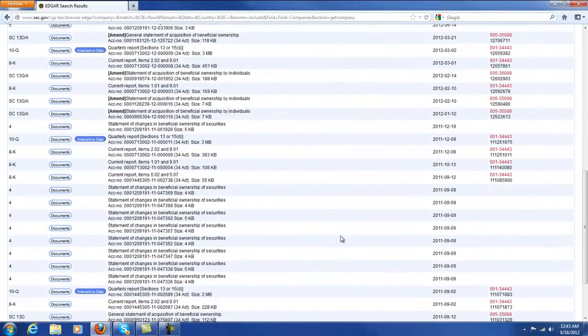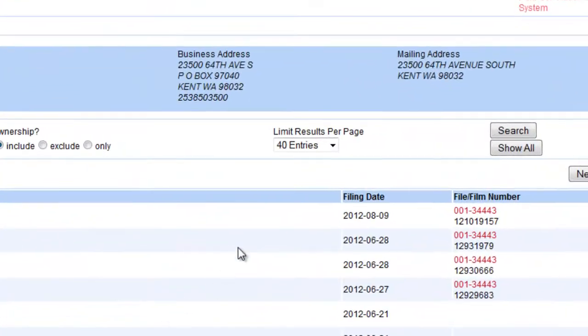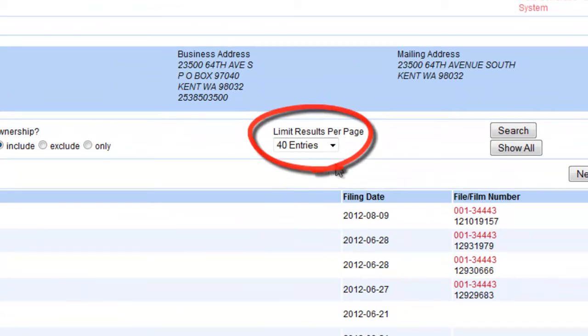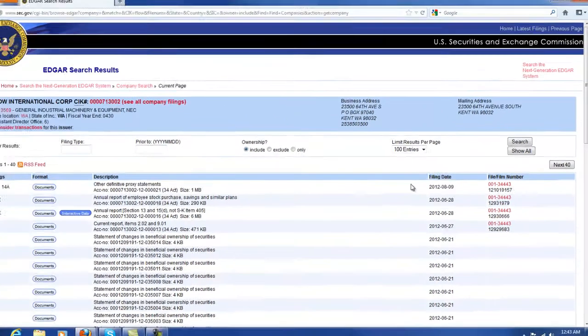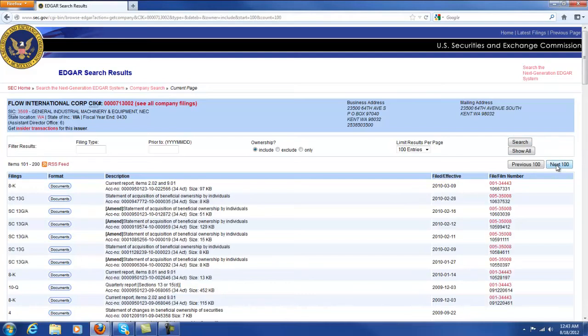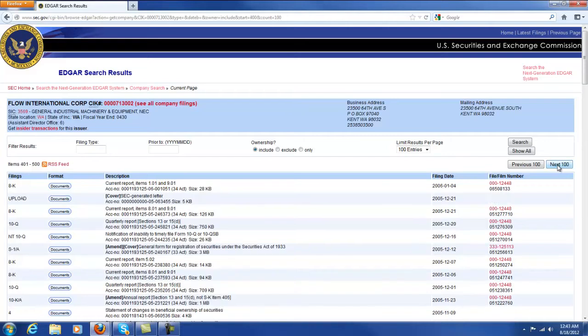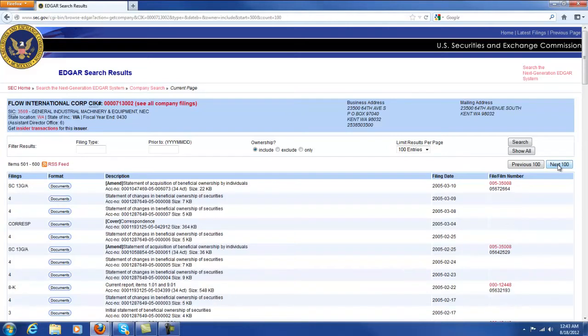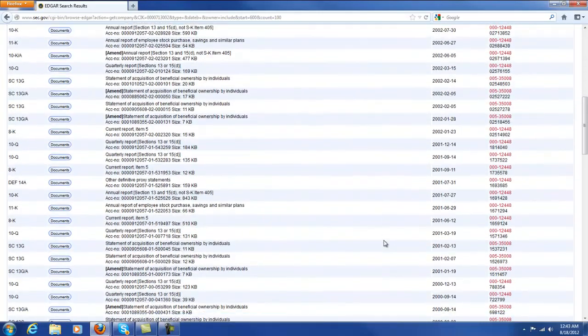Now, all these forms that are listed here, as a default, there are 40 forms listed per page, and we can obviously change this to 100. And if we wanted, let's press search to refresh. If we wanted to go back to the first form that was filed by this company with the SEC, let's continue clicking next, next, next, and scroll down.